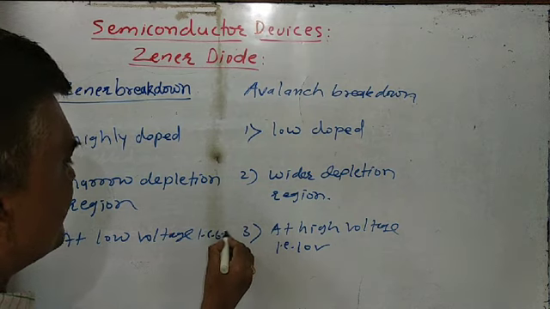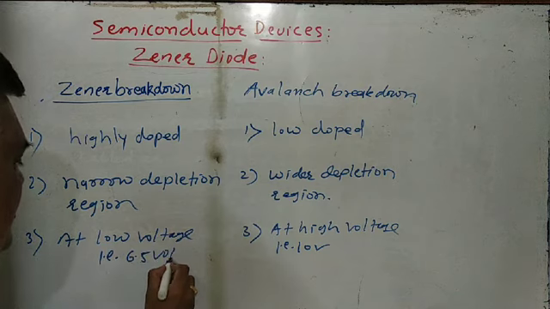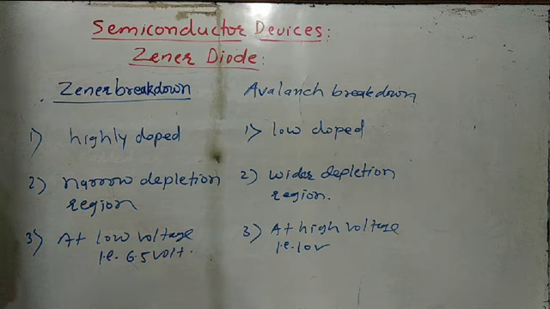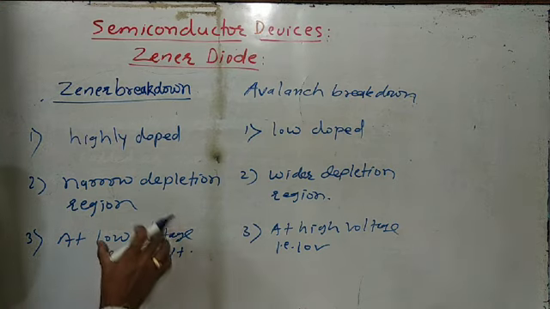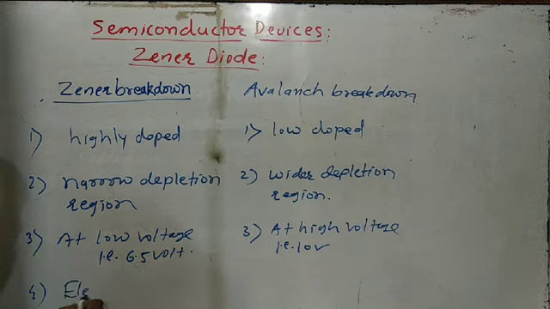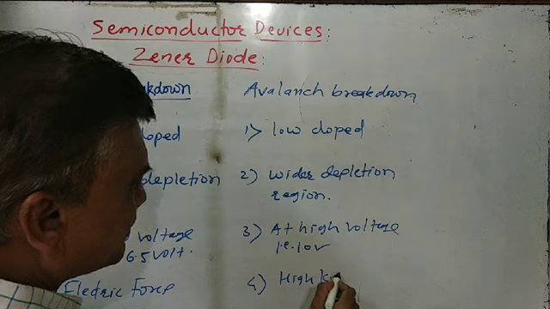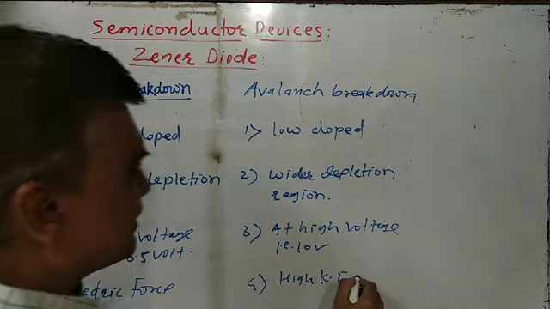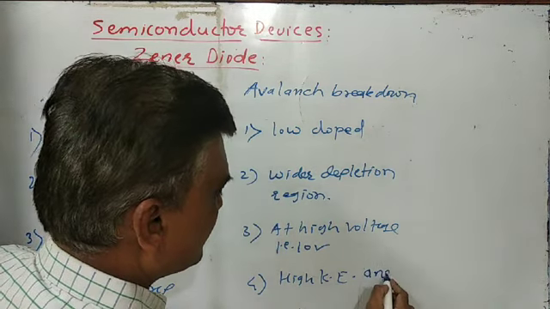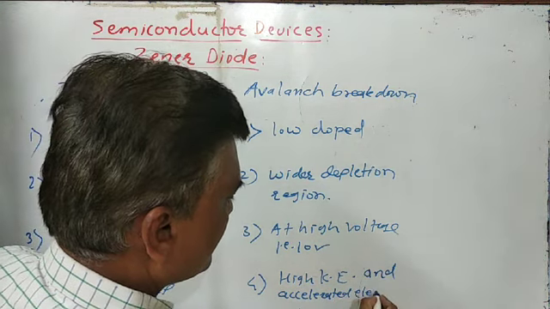Zener breakdown is due to the electric field force, and avalanche breakdown is due to high kinetic energy and accelerated electrons.